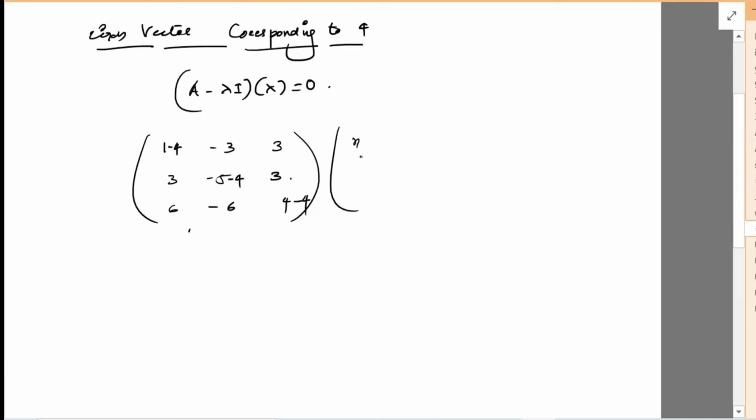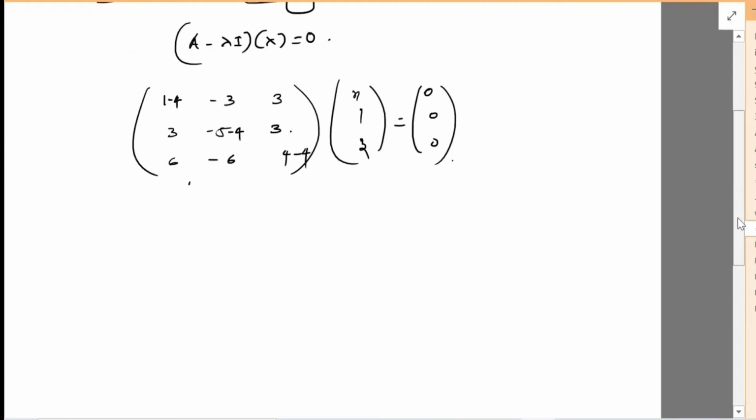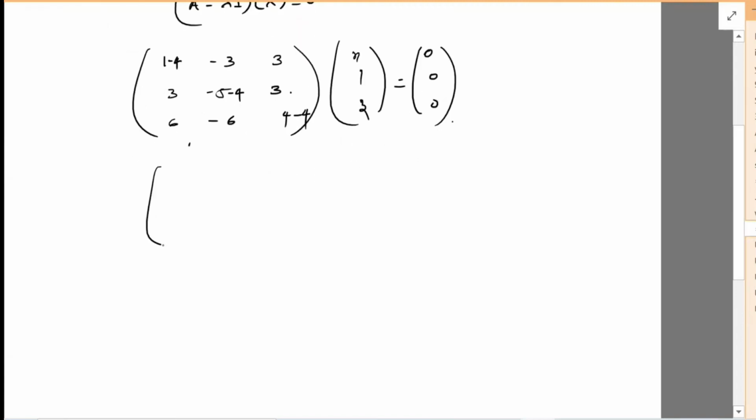Into x, y, z equal to 0, 0, 0. So it will be minus 3, minus 3, 3; 3, minus 9, 3; 6, minus 6, 0.